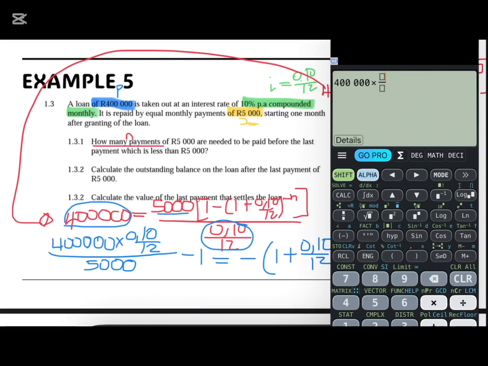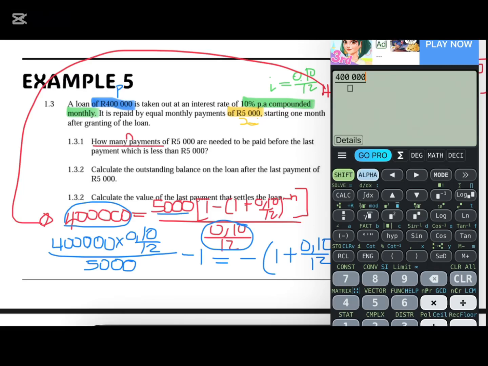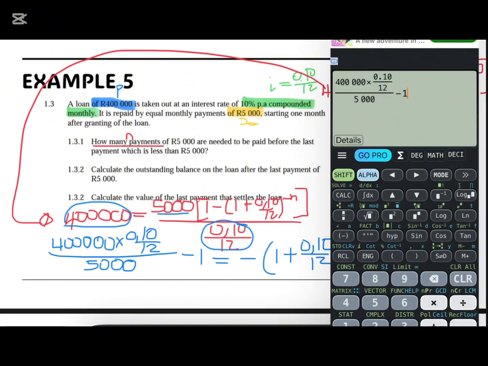Let's see what we get on the other side. Okay, we have 400,000 multiplied by 0.10 divided by 12, and then everything divided by 5,000, and then subtract 1.